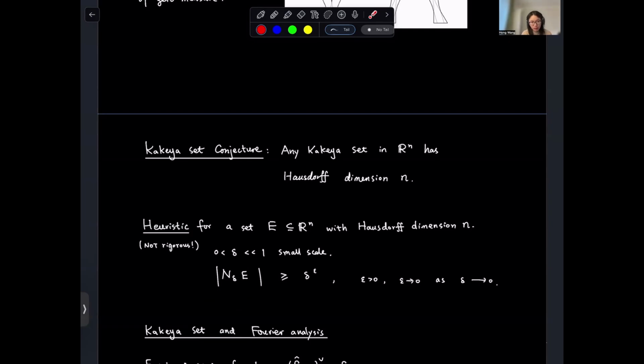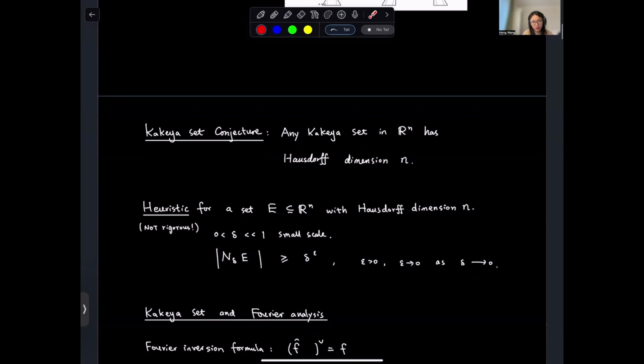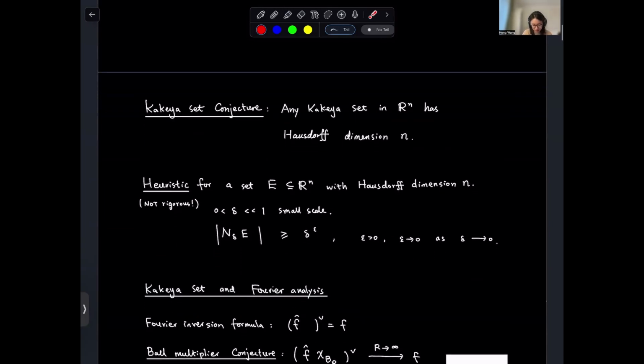Why do we care about the Kakeya sets? I care about the Kakeya set because of its connection to Fourier analysis. Fourier analysis is useful both in mathematics and also in the real world. One of the fundamental formulas is the Fourier inversion formula. It says that if we take the Fourier transform of f, and then we take the inverse Fourier transform, we recover our f.